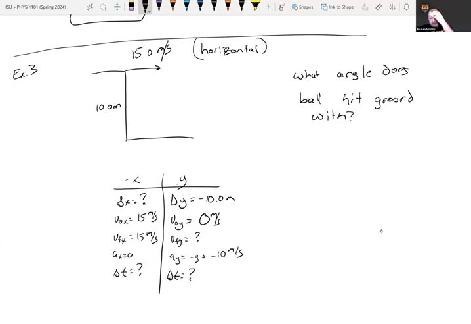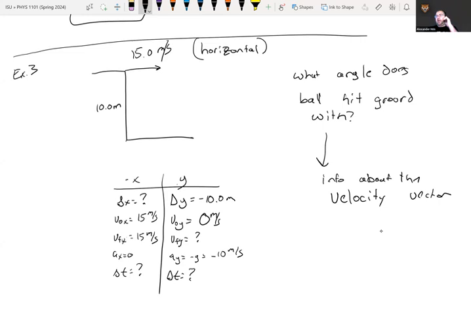Now, it turns out we're not going to need the delta t for this one, because if we want to know what angle the ball hits the ground with, this is information about the velocity vector.